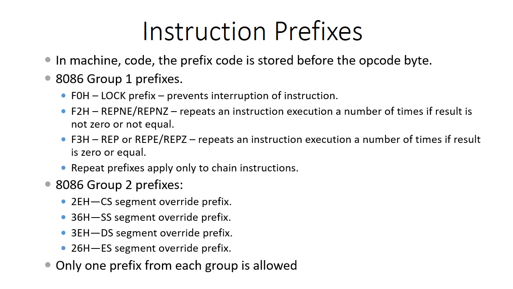In 8086, the prefix codes are F0H for the lock prefix, F2H for the repeat if not equal or repeat if not zero prefix, F3H for the repeat if equal or repeat if zero prefix, 2EH for the code segment override prefix, 36H stack segment override prefix, 3EH data segment override prefix, 26H extra segment override prefix.